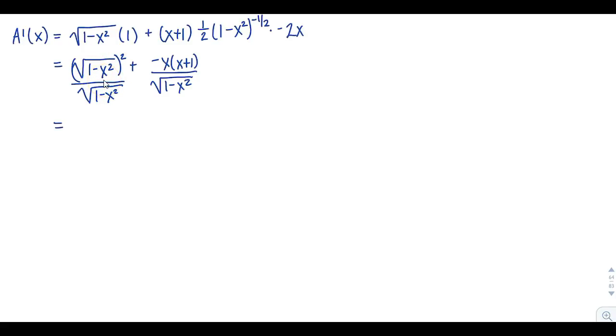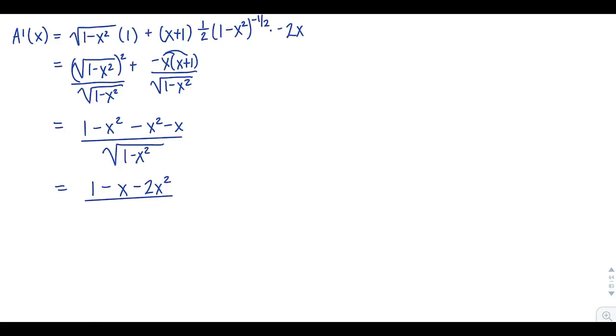And let's see, that's going to give us 1 minus x squared minus x squared minus x, so I'm distributing this x here, all over radical 1 minus x squared. So I have 1 minus x minus 2x squared in the numerator, all over the square root of 1 minus x squared. And I want to know, where is this equal to 0 or undefined?